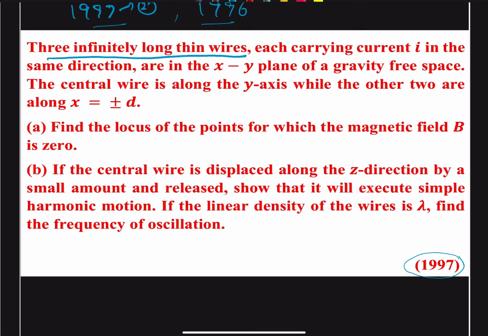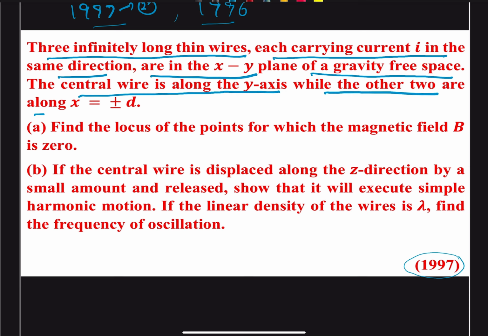carrying current I in the same direction, are in the xy plane of a gravity-free space. The central wire is along the y-axis, while the other two wires are along x equals plus and minus d. So based on this, we have two questions.